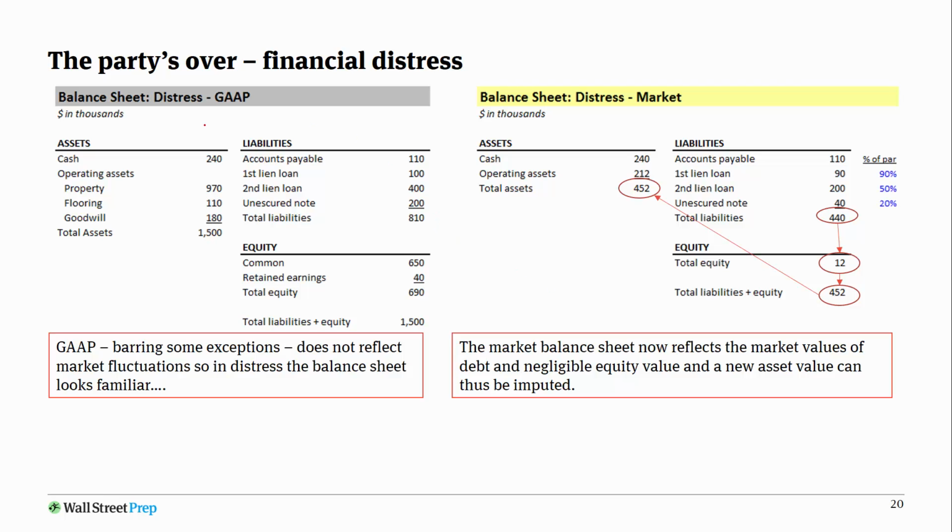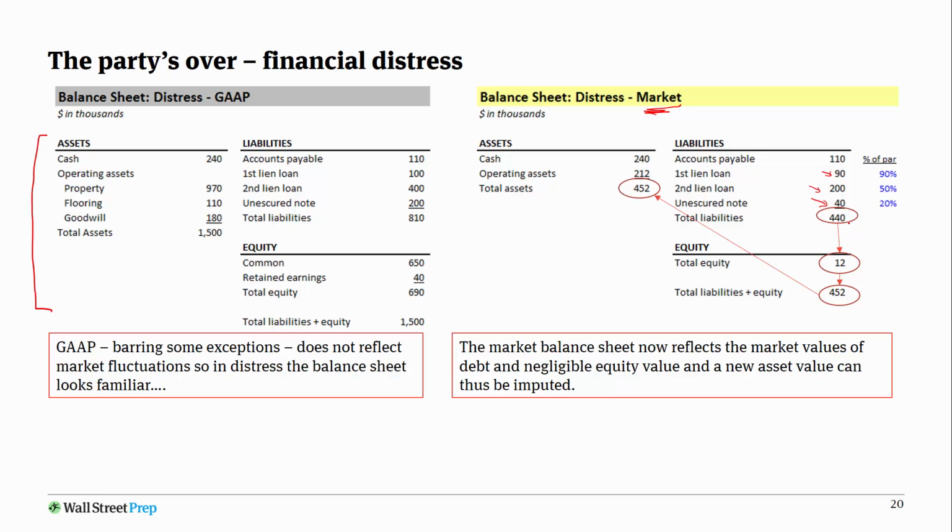So notice no change for GAAP. The GAAP is completely asleep at the wheel when it comes to what the market is doing, right? But the market balance sheet, again, this hypothetical balance sheet that companies don't have to file, but is very important for us conceptually to think about, especially in the case of distress, is that the market value of your liabilities is deviating pretty significantly from the contractual value of those liabilities.